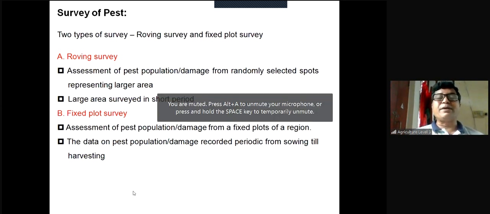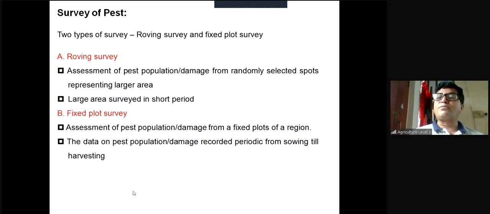And fixed plot survey: assessment of the pest population or damage from fixed plots of a region. For example, if we survey certain parts of a region, then this is called fixed plot survey. The data on the pest population or damage are recorded periodically from sowing till harvesting. Data will be collected from a particular area, so we can compare different times of a period.